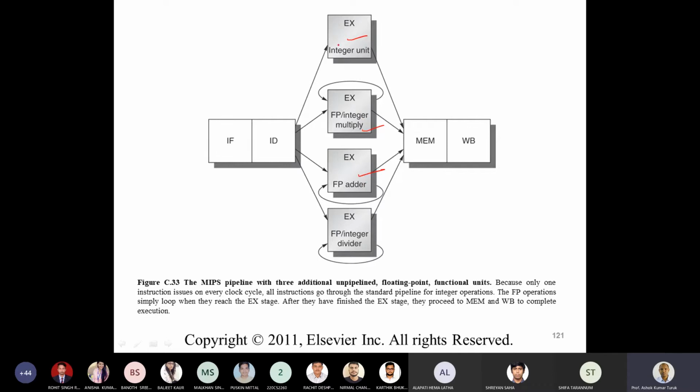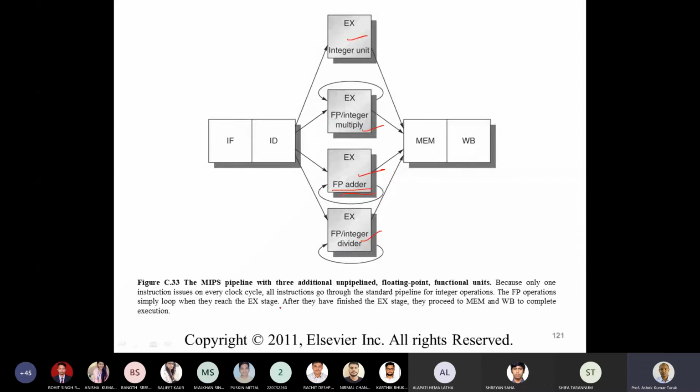Look at the integer unit. It performs all integer operations, integer addition, subtraction. There is a multiplier which performs integer and floating point multiplication, and there is a floating point adder. It performs floating point addition, floating point subtraction, and conversion. And there is a divider which performs floating point division or integer division.